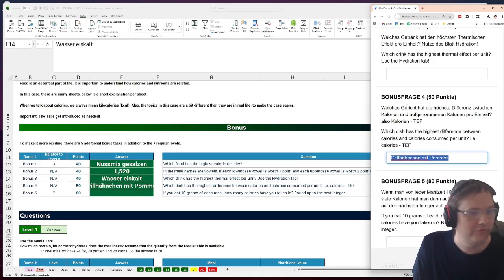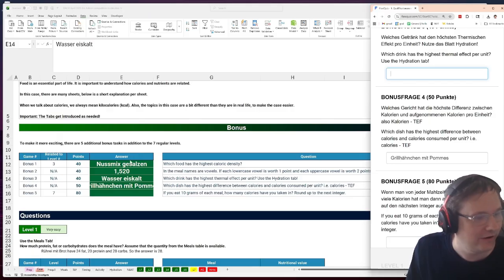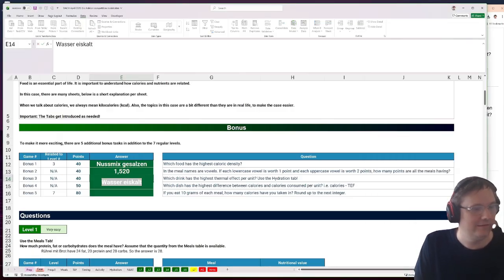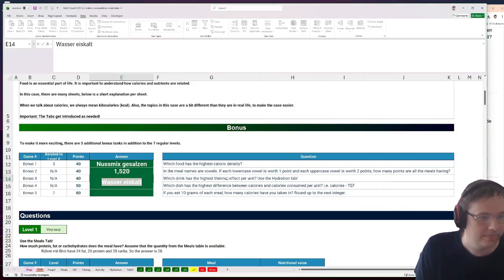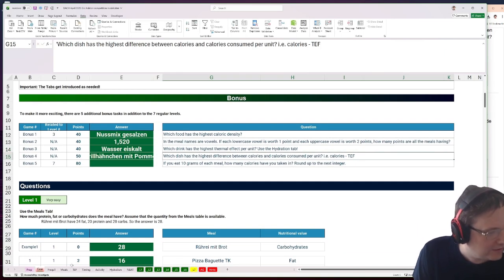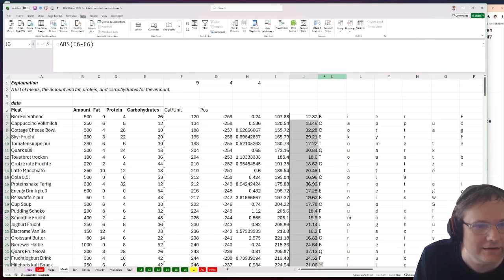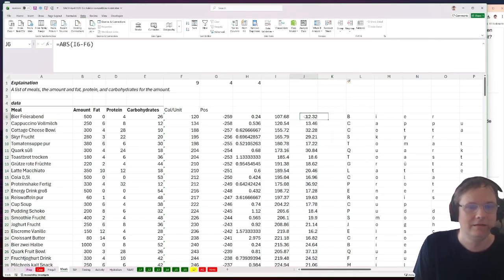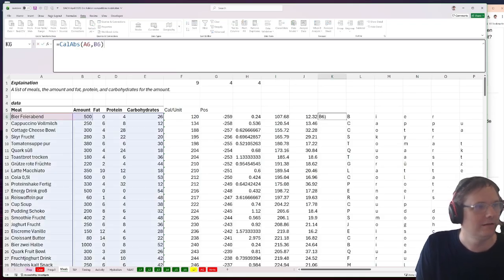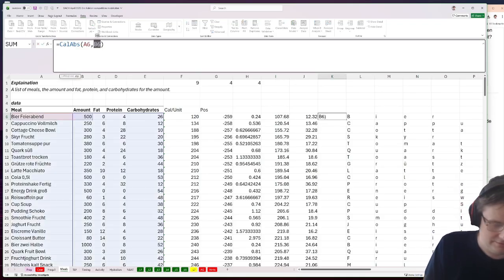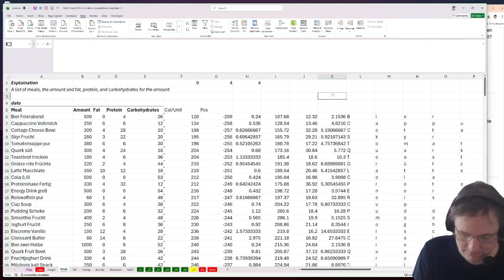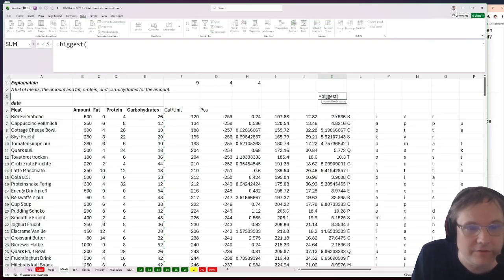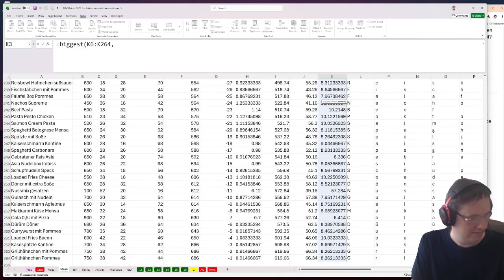This is bonus 4, bonus 3. I'm trying to guess is this. And then 10 grams of each meal, right? What if I did, how much am I absorbing? So if I absorb 10 grams of each meal, it's the biggest of this on here.